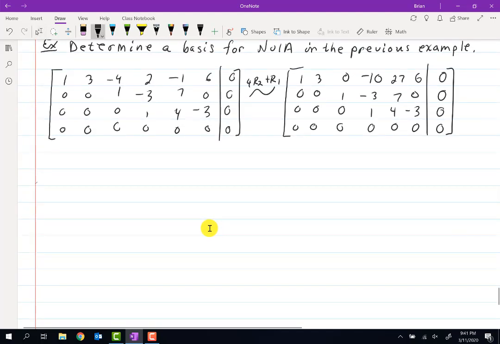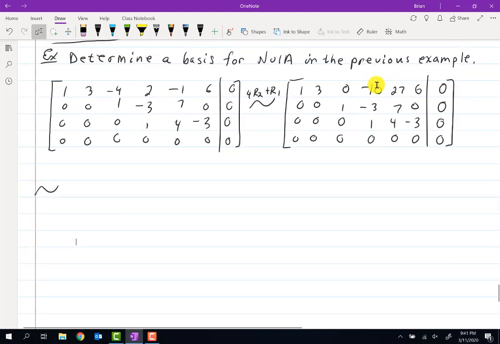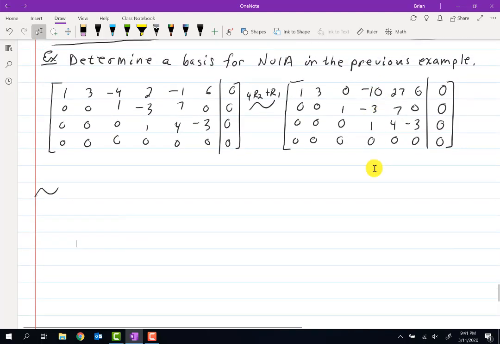Now, I'm going to use this one right here to wipe out the entries above it. So I will do 3R3 plus R2, and I will also do 10R3 plus R1.